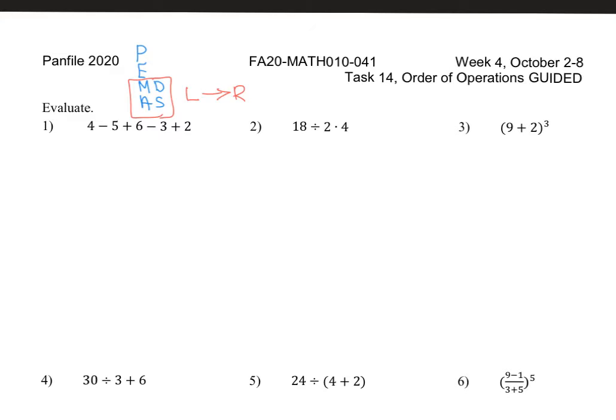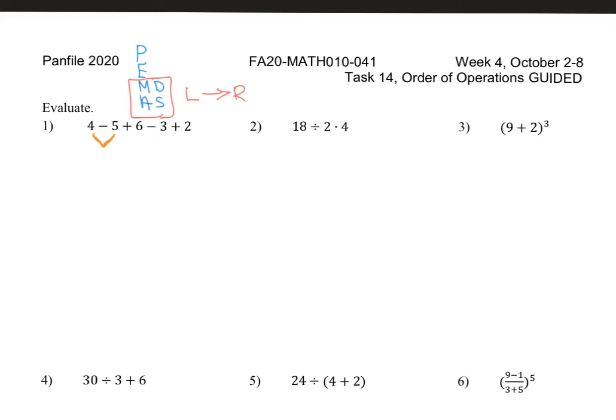You don't do addition first, and you don't do subtraction second. You do addition and subtraction irrespective of the order. You just do it left to right. So we're going to do 4 minus 5.